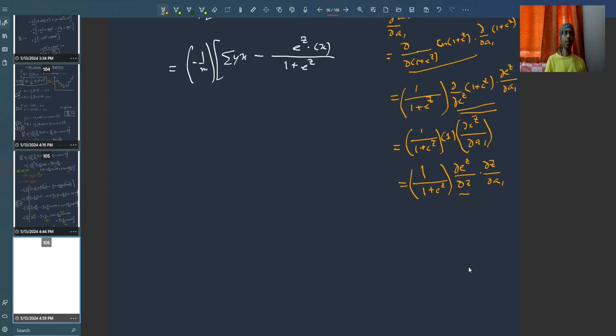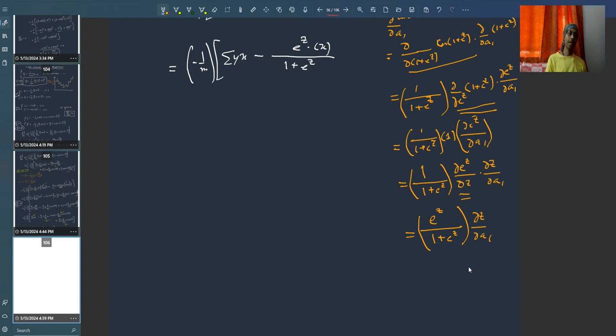Now this one becomes e to the power z, because del of e to the power x by del x is equal to e to the power x. So e to the power z by 1 plus e to the power z multiplied by del z del a1. Del z del a1, z is equal to a0 plus a1x.